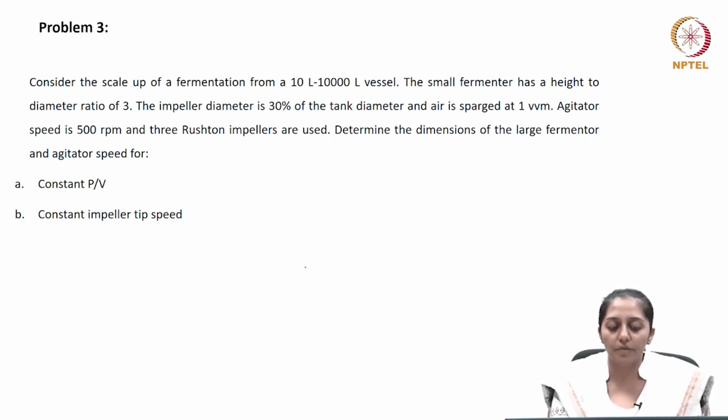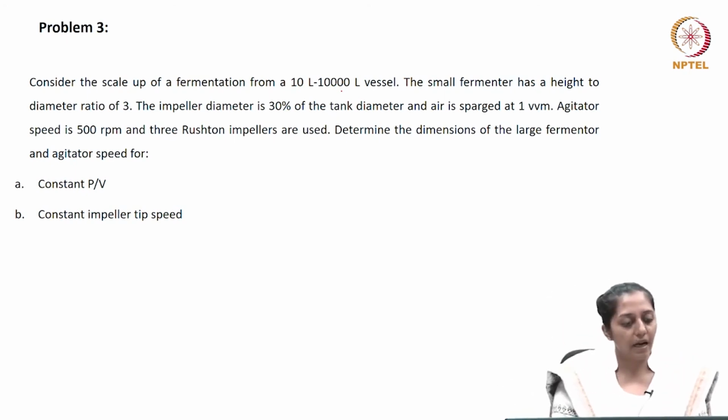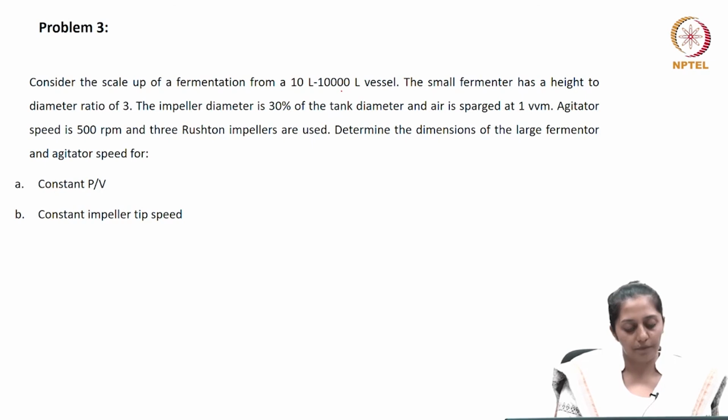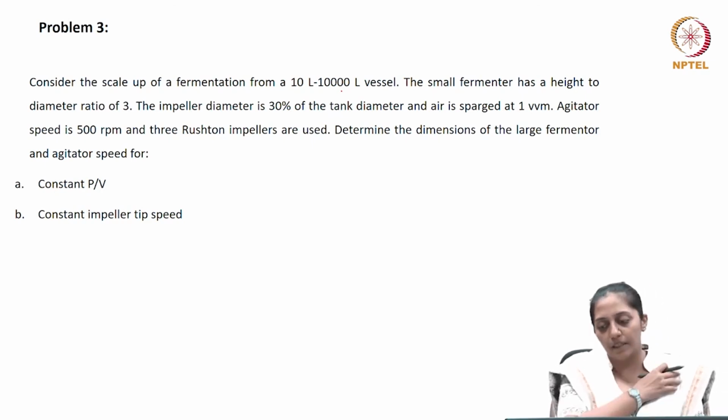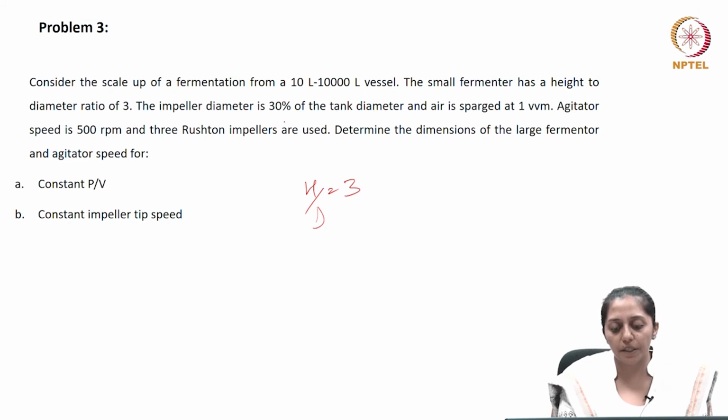Consider the scale up of a fermentation. The small scale fermenter has a height to diameter ratio of 3. So, H by D ratio at the small scale is given, which is 3. The impeller diameter is 30% of the tank diameter.